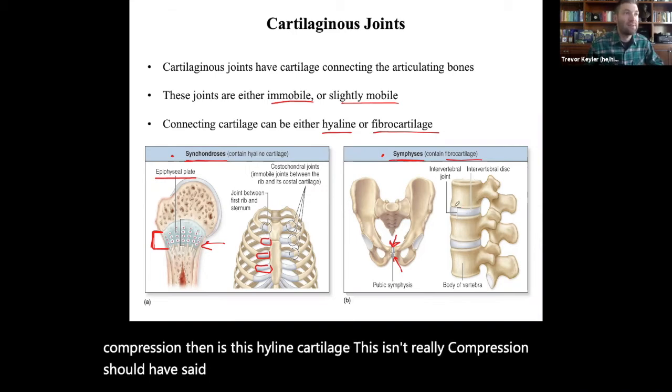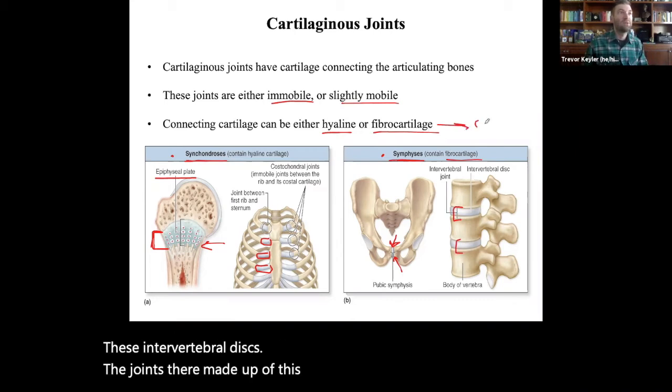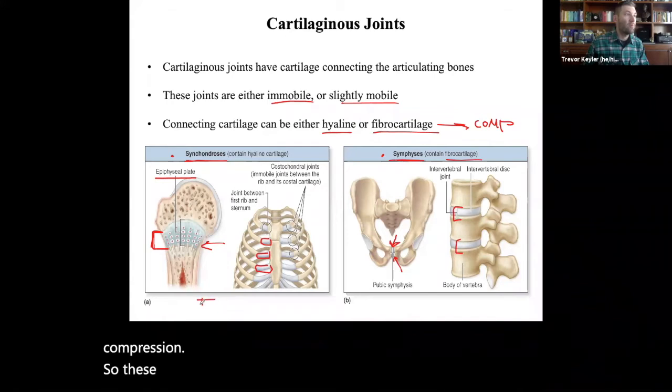And we'll find it in places then like between the vertebrae. These intervertebral discs, the joints there, they're made up of this fibrocartilage. So this is really great for compression. So these are immobile. I'll abbreviate that because it's going to take forever to write.